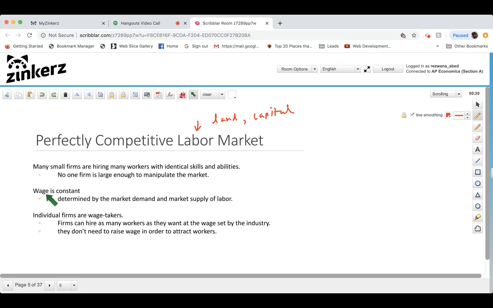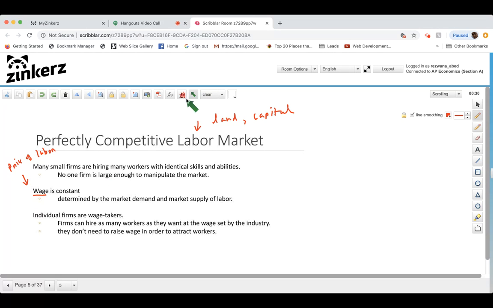Okay, so wage. Wage is the price of labor. This is the price that farms have to pay to their workers in order to use those factors of production. So the wage rate is constant in this perfectly competitive labor market. This is also very similar to what we saw in the perfectly competitive product market.